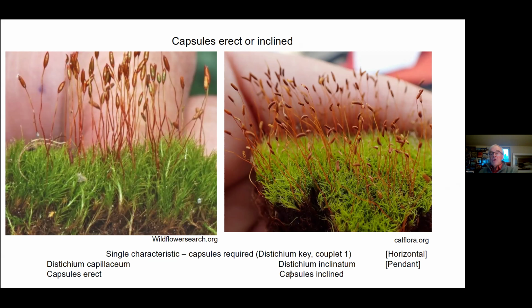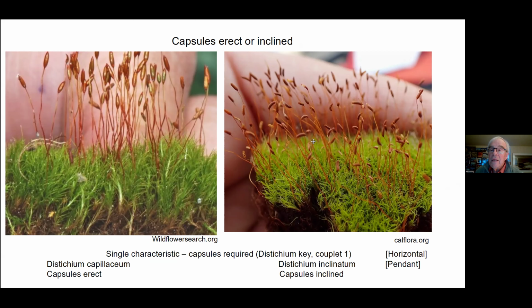Just an interesting note, I've found in this process that the species name of a lot of these things comes from what the capsules are doing, and the capsules here are inclining, and so it's Distichium inclinatum.